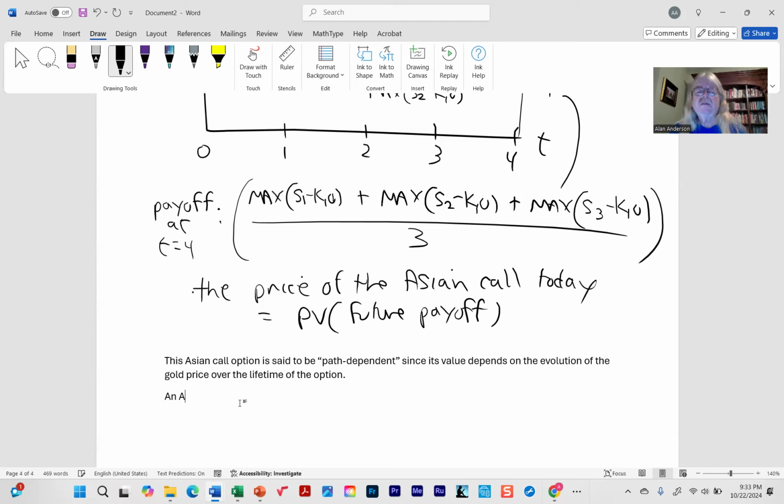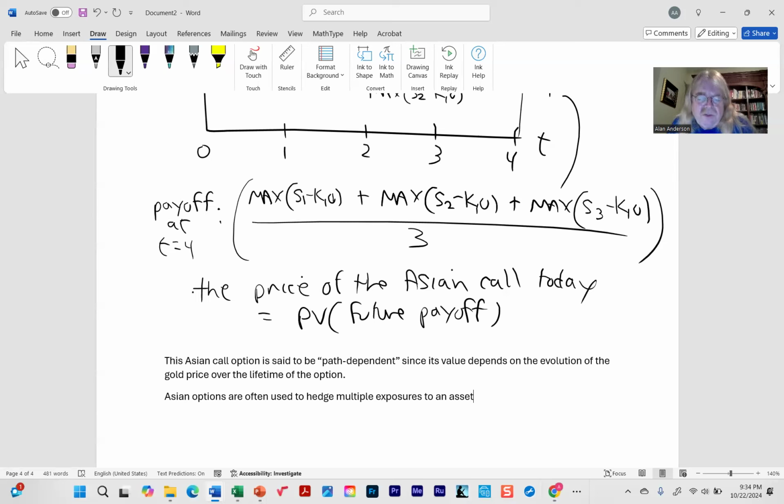An Asian option is often used to hedge multiple exposures to an asset. Like, for example, let's say you're a jeweler and you're constantly buying gold. Let's say for whatever reason you need to buy gold every month for your business, and you could then buy a call option for every one of those dates, but that could get terribly expensive.